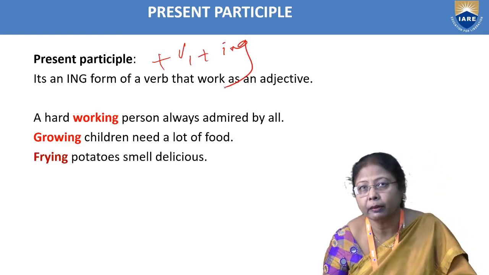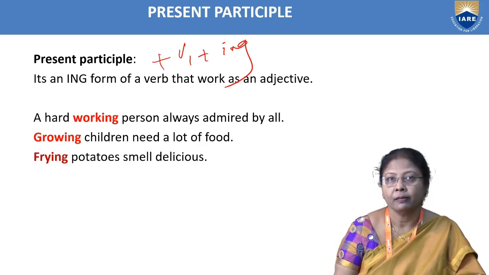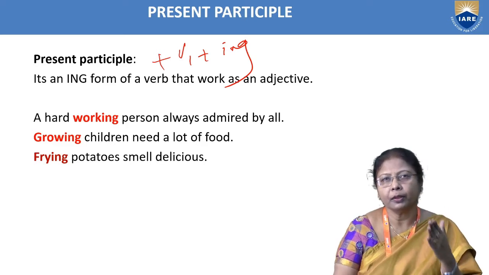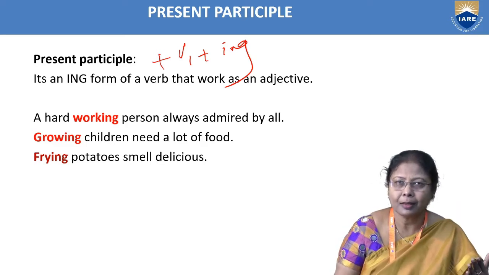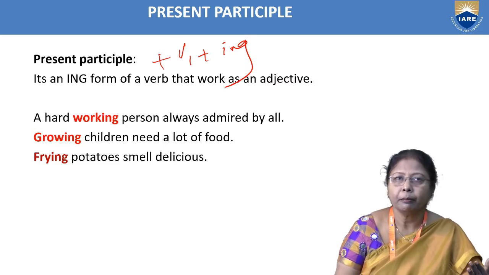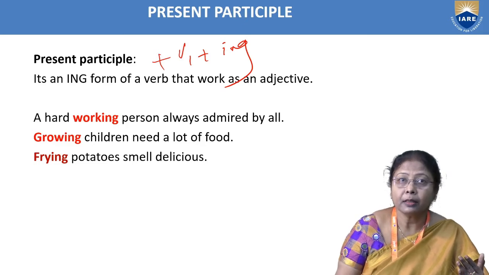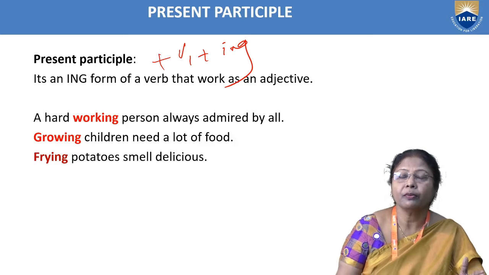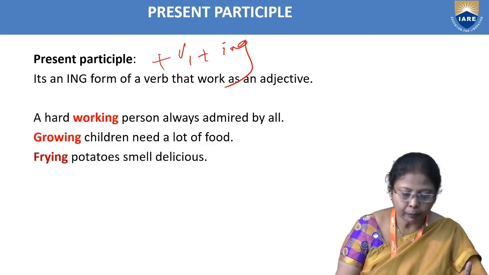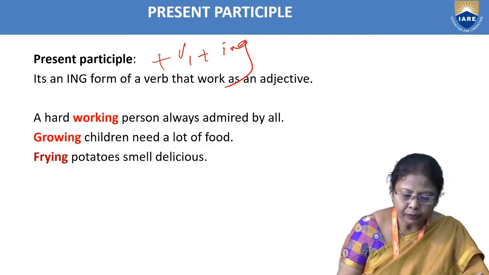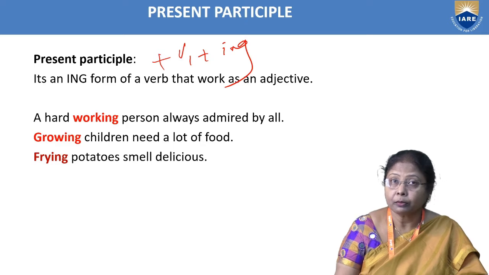Already in previous sessions, we discussed verbal forms V1, V2, V3 when we discussed tenses. V1 is present tense, V2 is past tense, V3 is past participle, and present participle is V1 plus ing. Here you see, the ing form of a verb that works as an adjective. Here you see, hard-working person.